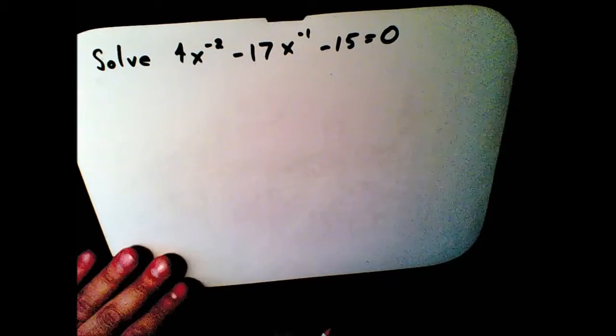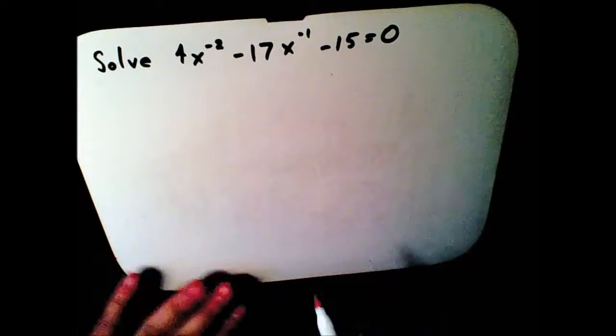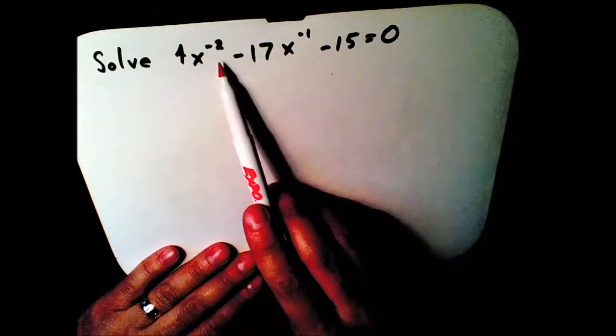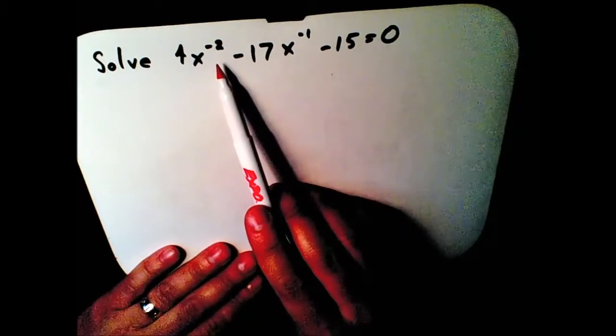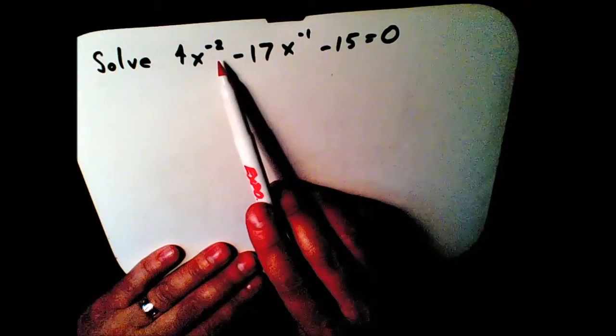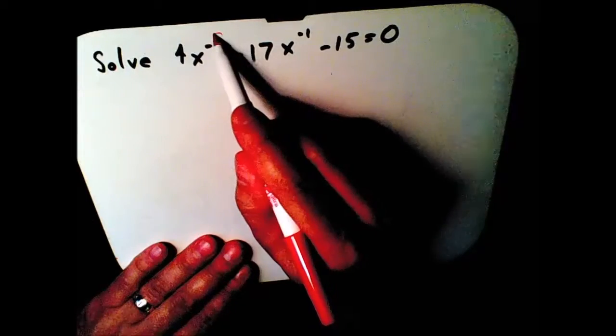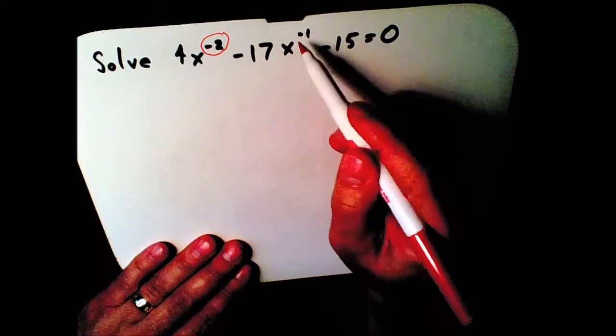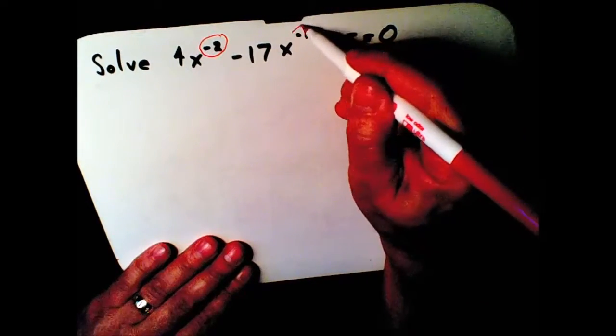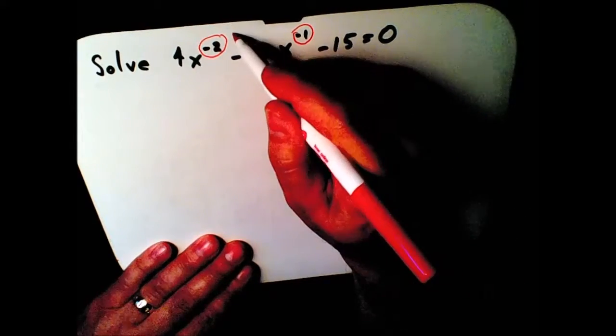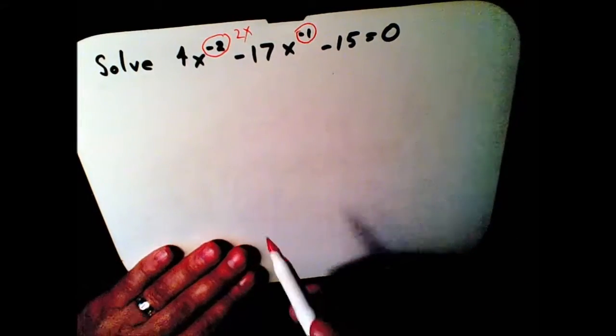A student had a question about this problem. We've got negative exponents, so that's a little freaky. But if you look at it, you see that the exponent on x in the leading term is double the exponent on x in the middle term.